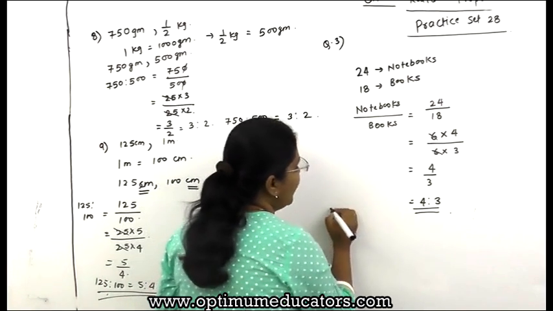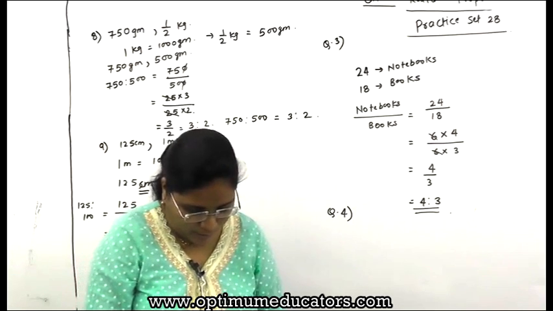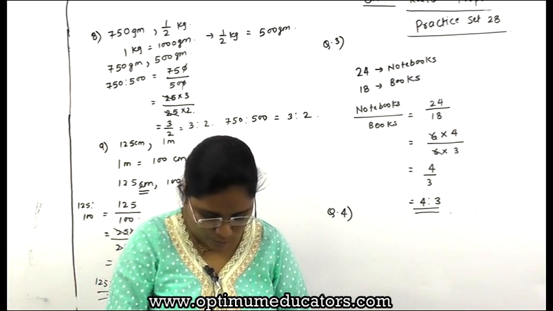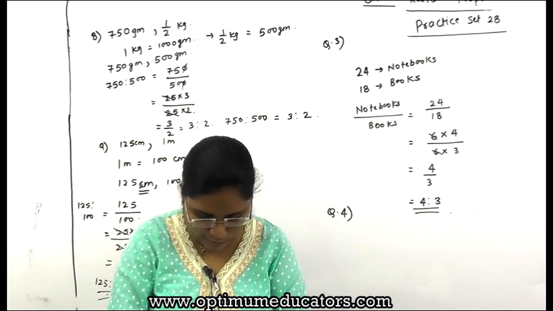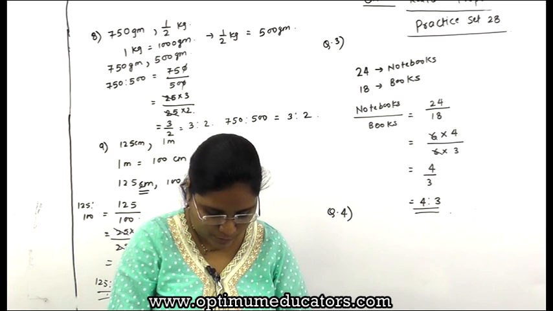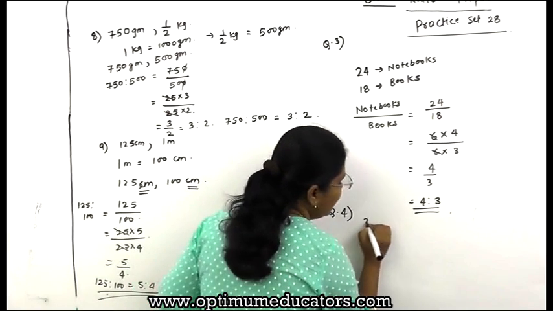Let us go for question number 4. 30 cricketers and 20 kho-kho players are training on a field. What is the ratio of cricketers to the total number of players? Now there are 30 cricketers.